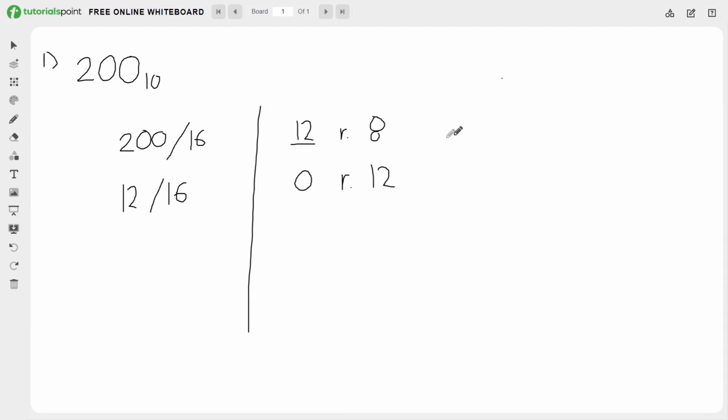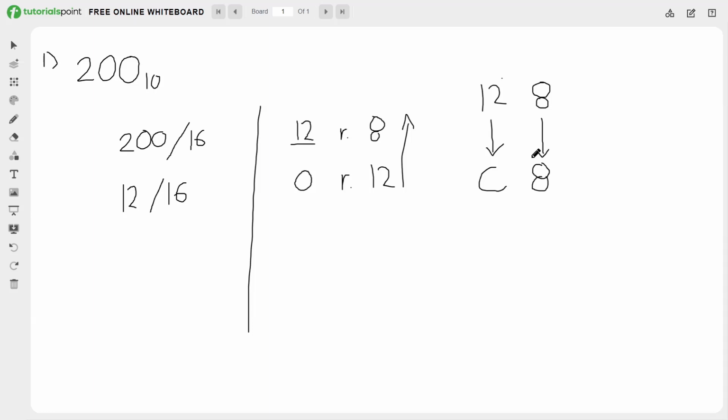We write this from left to right, 12 and 8. So 12 is equivalent to C, and 8 is equivalent to 8.